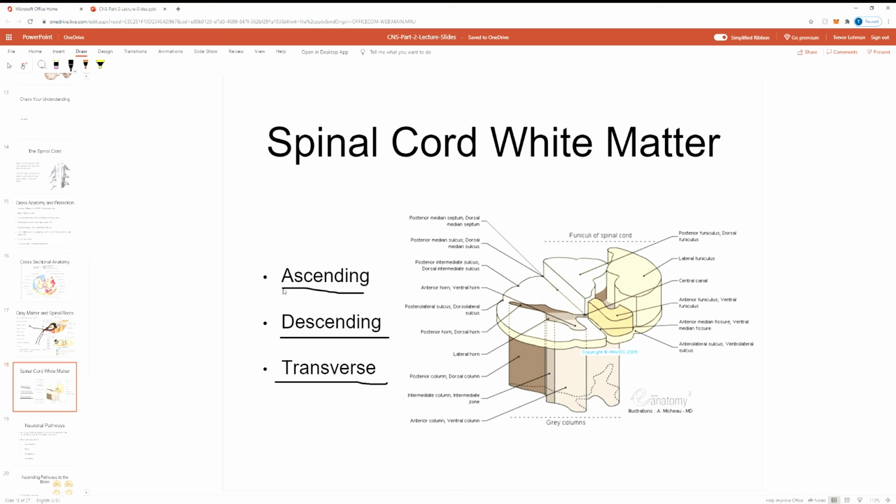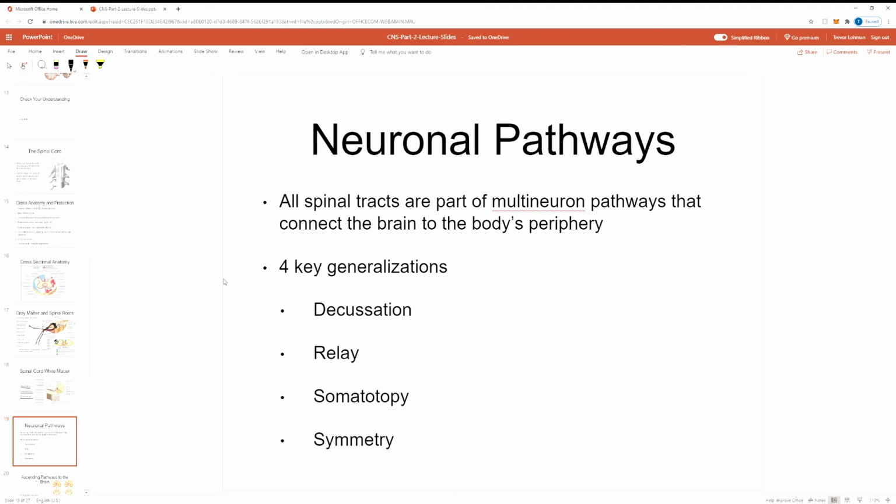They're either carrying information up, carrying information down, or crossing from left to right, right to left, and they're a part of spinal tracts. So there are tracts that carry information up and down the spine. Spinal tracts are a part of a multi-neuron pathway. Could be two neurons, could be three, could be more, that connect. I don't think there are any one-neuron pathways from the brain to the body. There may be.